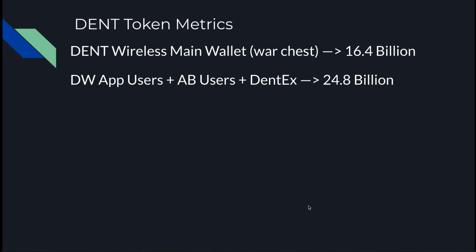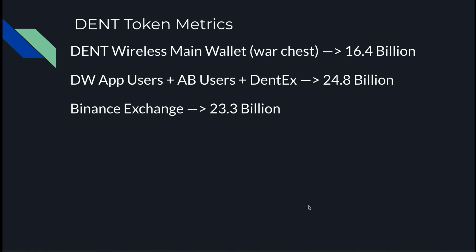And then we have the DENT mobile app users, the Afterburner loyalty program users who have chosen to lock their DENT in the DENT app. And then we have the DENT exchange, where the tokens are traded within the DENT ecosystem. So we have 24.5 billion, 8 billion tokens locked in the DENT app.